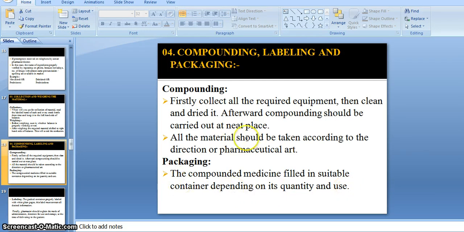After compounding, the pharmacist will get the compounded medicines.